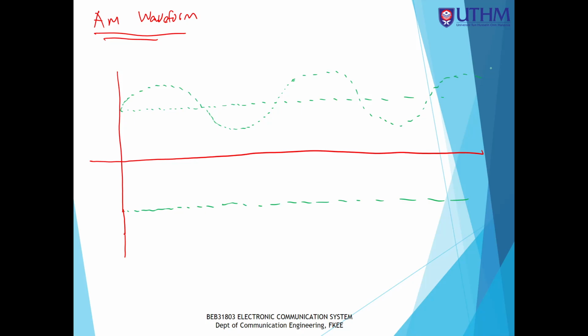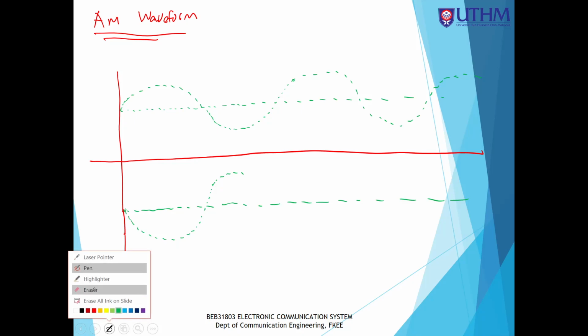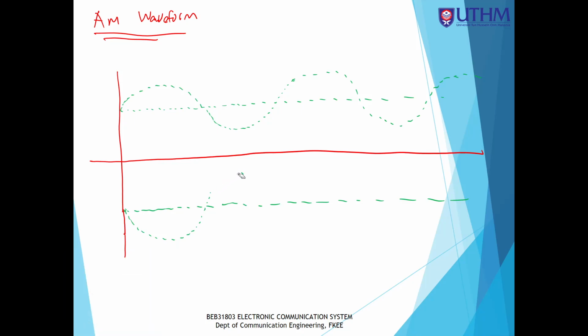So this is the envelope shape, the positive envelope. Then I also draw an imaginary line at the negative side, which is a reflection of the positive side.